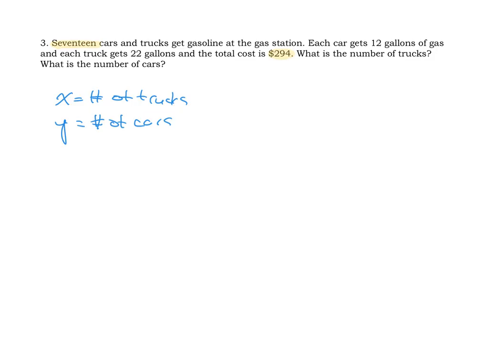So one equation is the number of trucks plus the number of cars equals the total number of vehicles that get gas. And then the next one is how many gallons each gets. So a car has 12 gallons and a truck holds 22 gallons. And total, that's $294. And there's your system of equations.